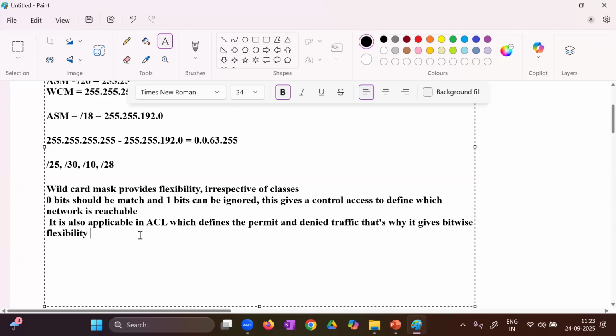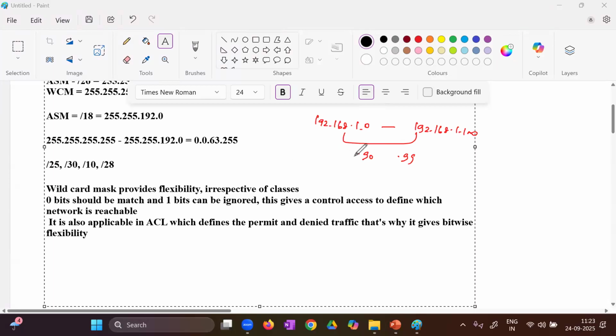For example, if you have 192.168.1.2 to 192.168.1.100, among these certain IPs you want to deny, let's say from 1.90 to 1.99.